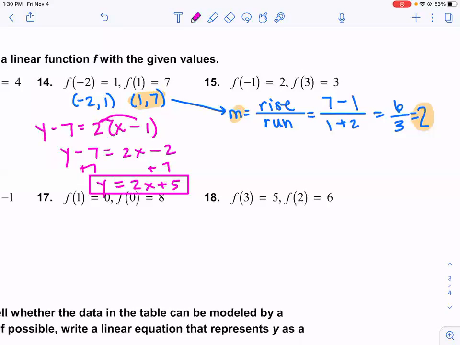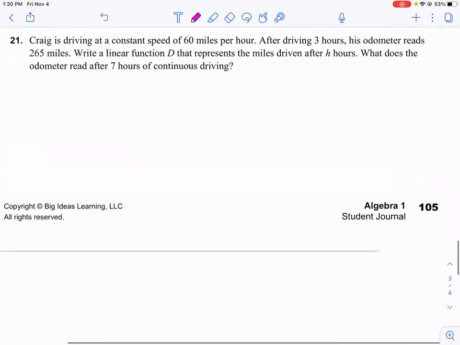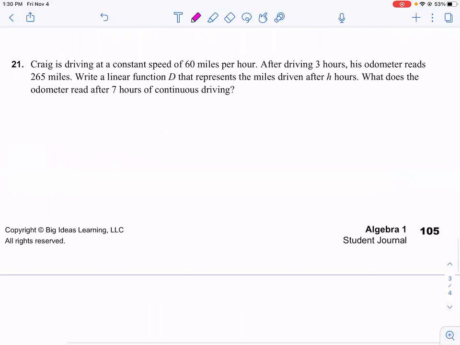I want to turn to number 21. Writing linear models, kind of a big deal. Read through what Craig is doing in number 21, read through it silently.